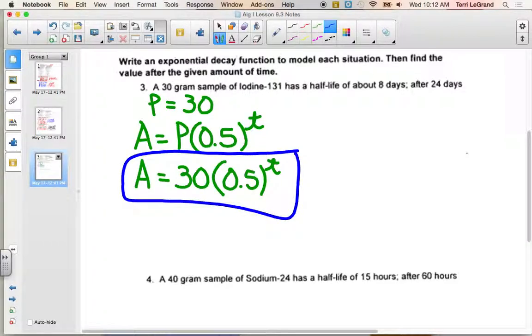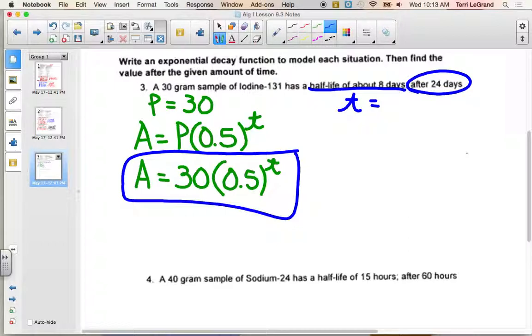Now we need to figure out our T. We don't get to just go to the problem and say, okay, it's 6 years, or after 3 years. We have to ask, what is our T going to be? Our T comes from the total amount of time they're talking about. It has a half-life of 8 days, this is important, but we want to figure out after 24 days.